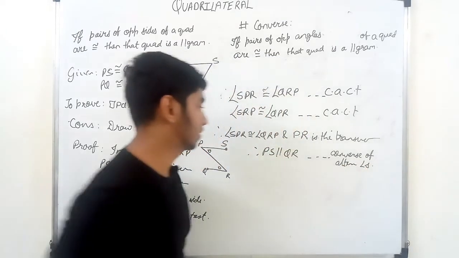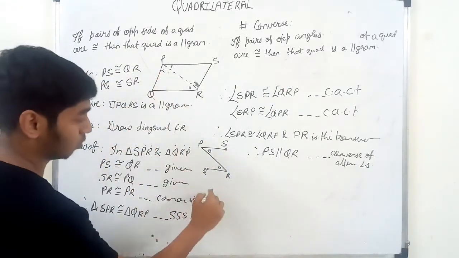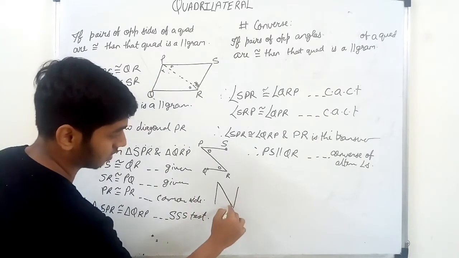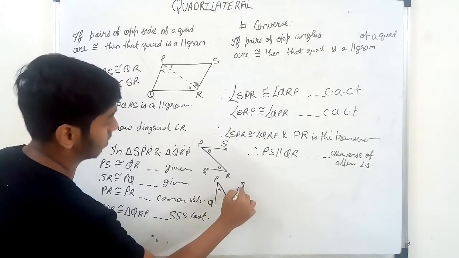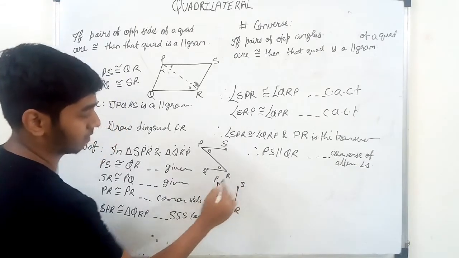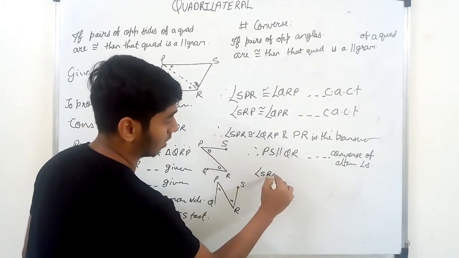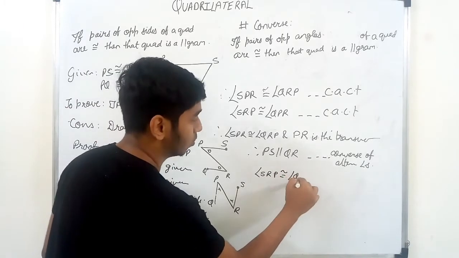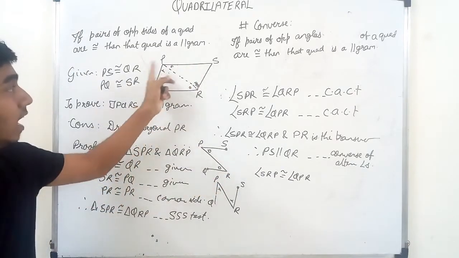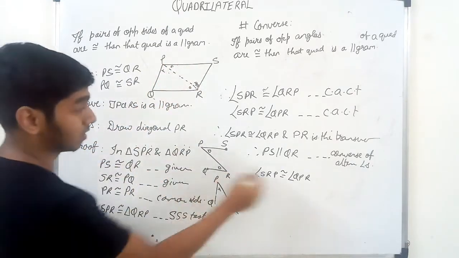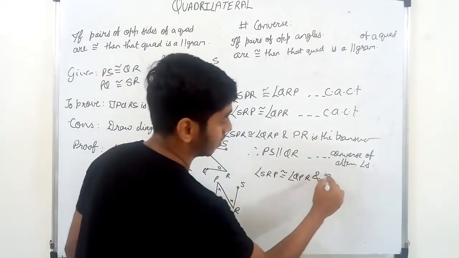So converse of alternate angles. Okay, so I hope you have understood this. The next thing, we can draw it like this. This is Q, this is P, star and star, S and R. Correct? So with the help of this, we can say again angle SRP is congruent to QPR. Yes or no? SRP and QPR and PR is the transversal.